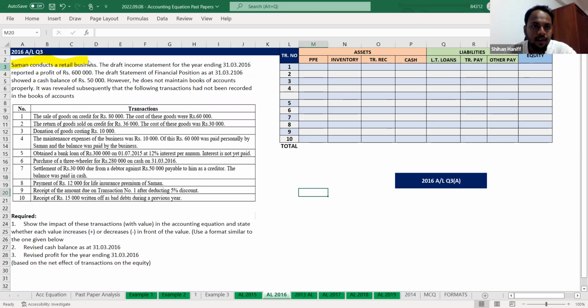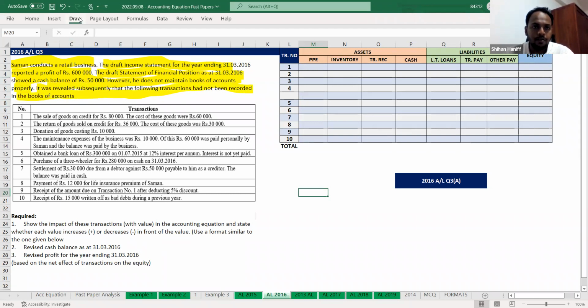Someone conducts a retail business. The draft income statement for the year ending 31st March 2016 reported a profit of 600,000. The draft statement of financial position as at 31st March showed a cash balance of 50,000. However, he does not maintain books of accounts properly. It was revealed subsequently that the following transactions had not been recorded in the books of accounts.